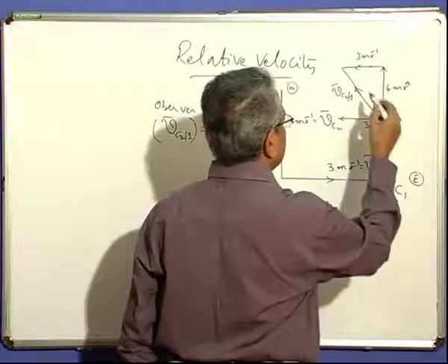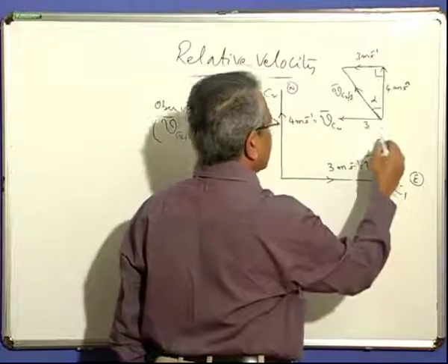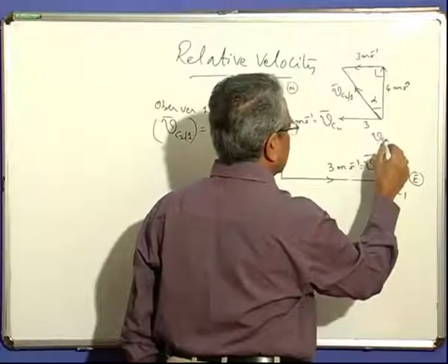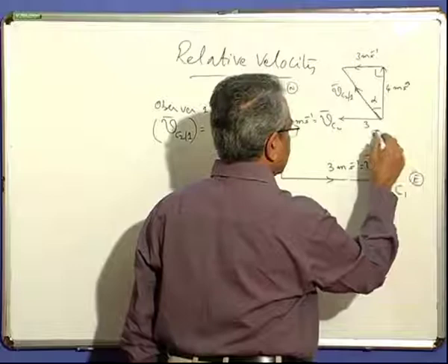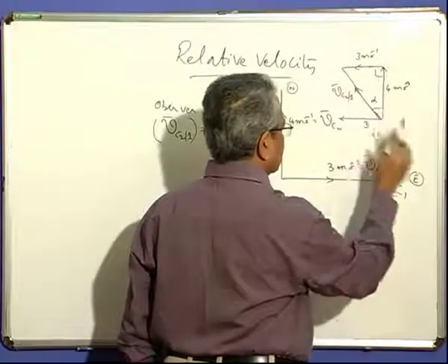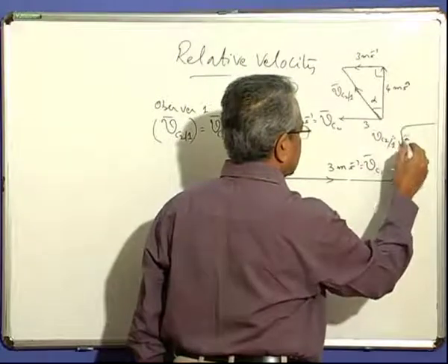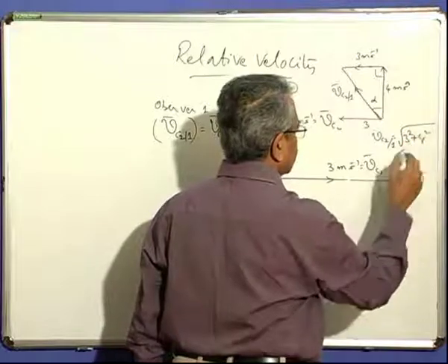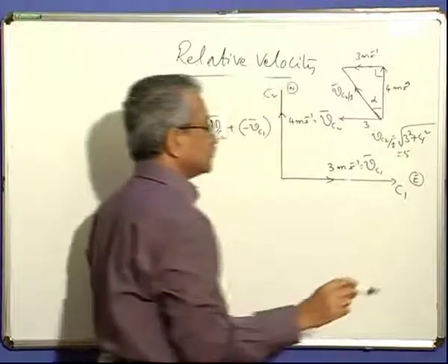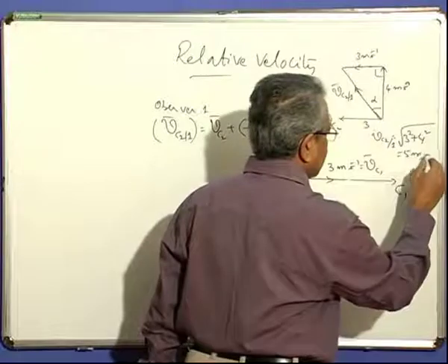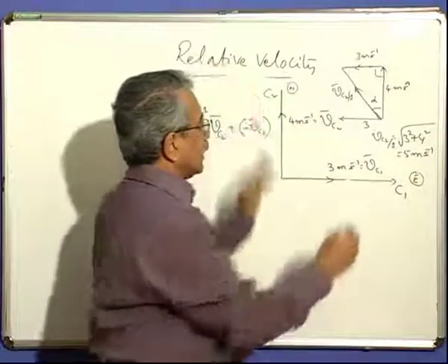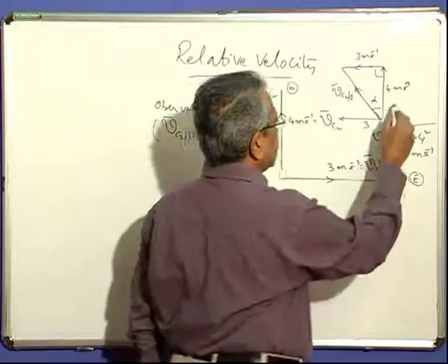What will be the velocity value you will get here? You must get a triangle here. There are right angles, therefore we can say the magnitude of velocity of C2 with respect to 1 is equal to square root of 3 square plus 4 square. That is 5. So he sees as if it is moving with 5 meters per second at an angle alpha. What is the angle alpha here?